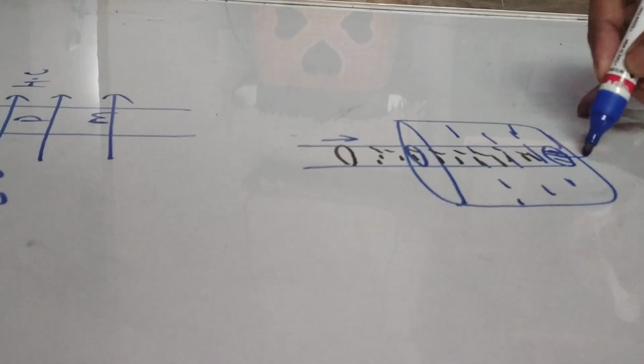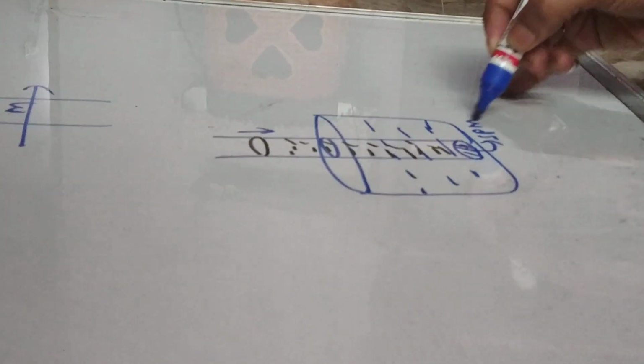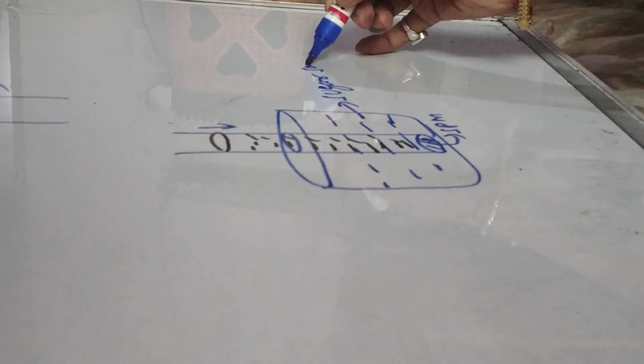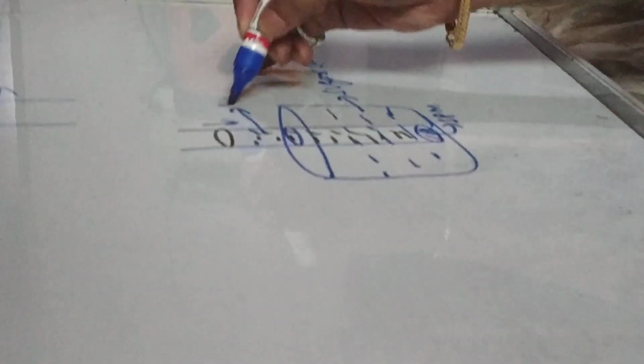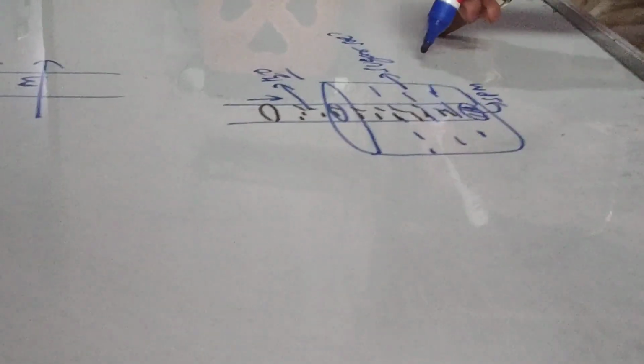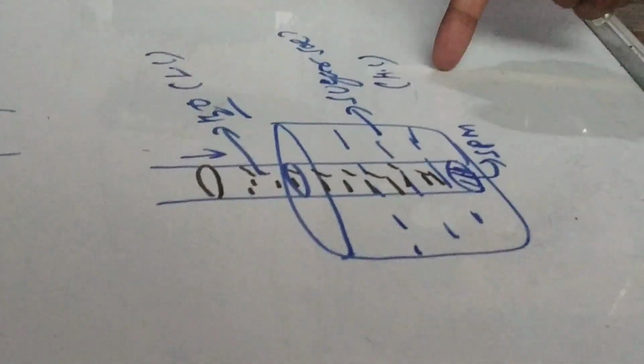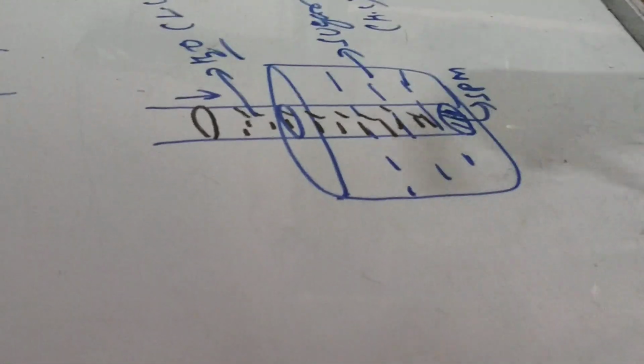Because I told here I am using an SPM, and this is the sugar solution, and this is the water. And we know the sugar solution concentration is more than the water concentration. So this is the less concentration and this is the high concentration. Less concentration solution is called hypotonic, whereas high concentration solution is called hypertonic.